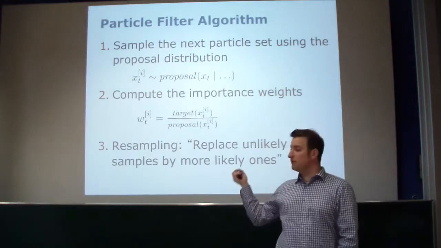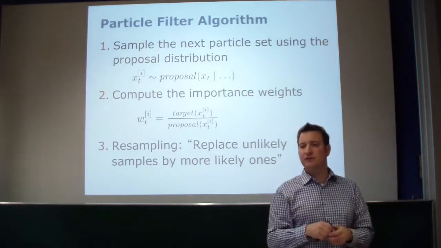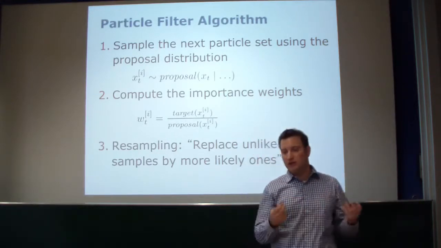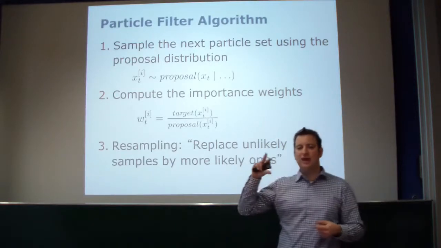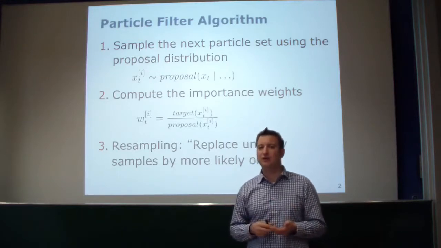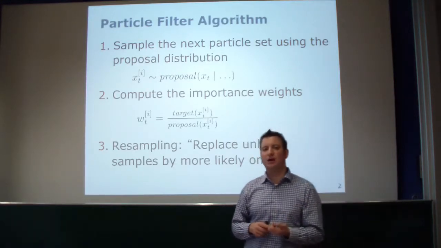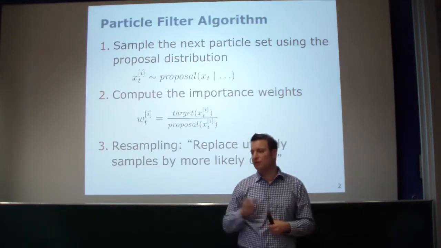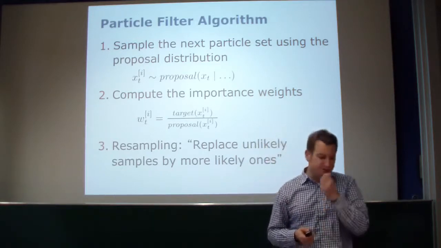By using the ratio of the target and the proposal distribution, it computes the weight to account for the differences between what we want, the target, and what we actually use, the proposal distribution. In this way, it reweights the samples and gives a higher weight to those particles, in this example, whose model is in line with the observation. So those where P of Z given X has a high value.